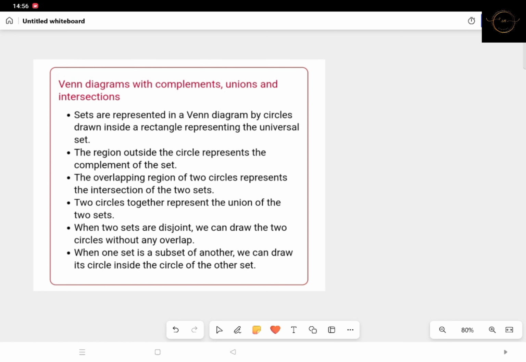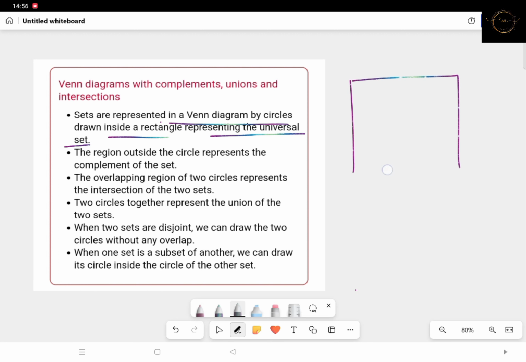A few more recapitulations. Venn diagrams with complements, union and intersection. Sets are represented by Venn diagrams, by circles drawn inside a rectangle representing the universal set. So when circles are drawn inside a rectangle, it represents a Venn diagram. And this is the universal set E or U, whatever you can write.